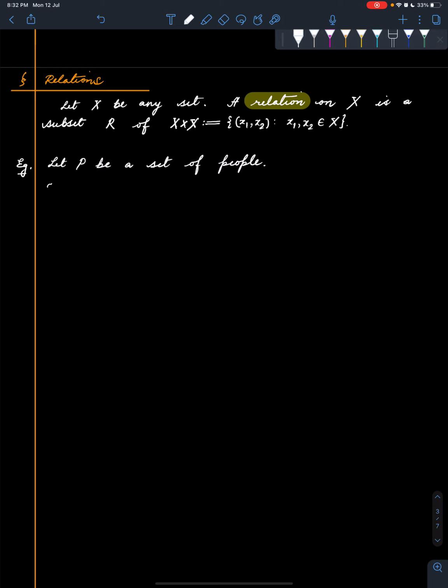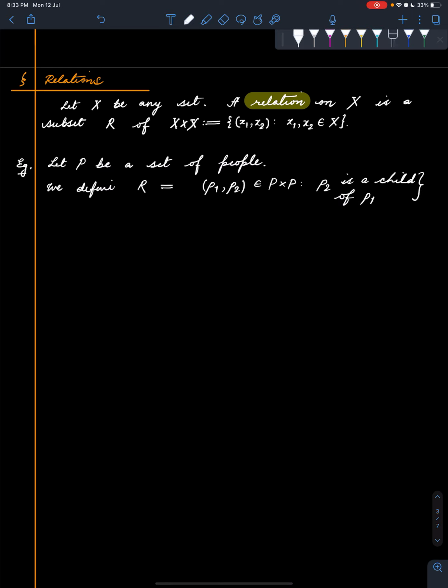So we define R as those pairs in P cross P such that P2 is a child of P1.